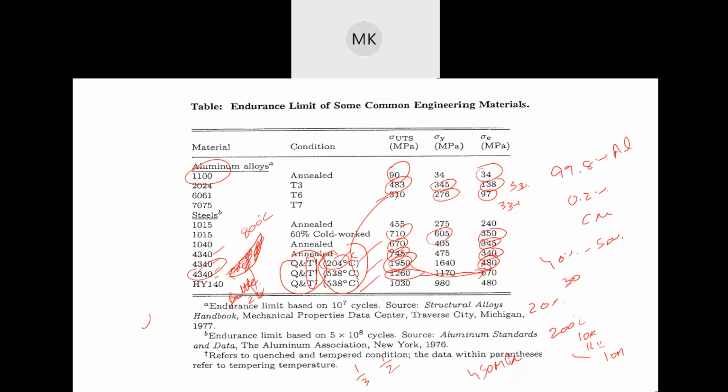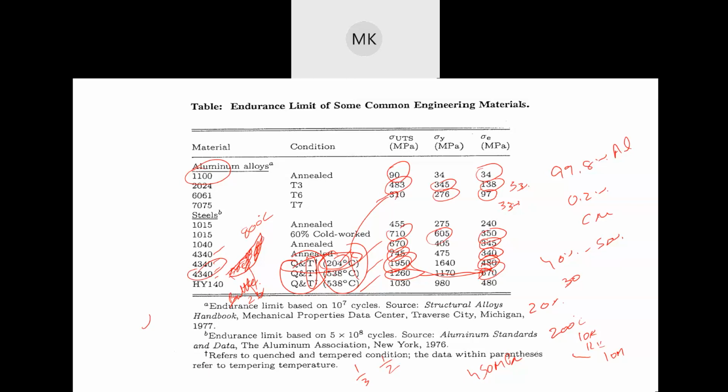These materials can take it because the strength is higher. If I have this material quenched and tempered at a lower temperature, and I use that for landing gears, there's every chance of my material cracking and failing when it's used as a landing gear. So tempering temperature is very, very important.